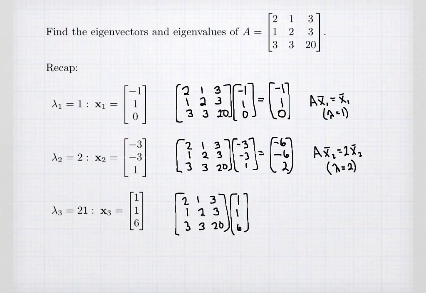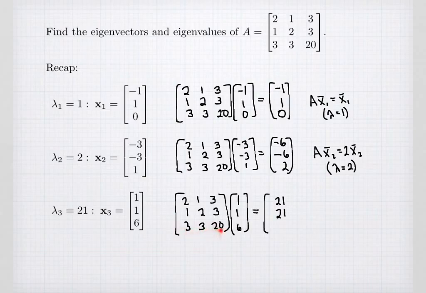Finally, here's the setup for our third. We'll take each of our rows times our vector, and when we take our first row, we get 2 plus 1 is 3, and 18, 3 and 18 is 21. We'll get that again on the second.